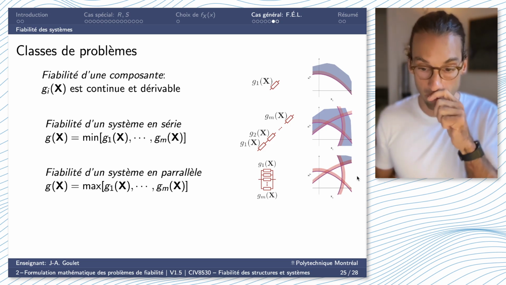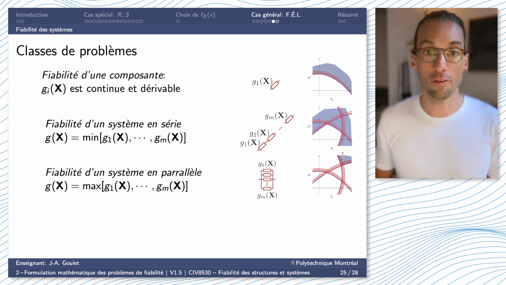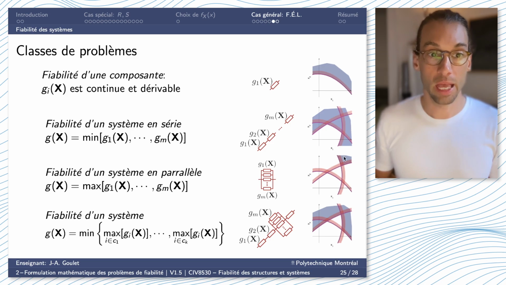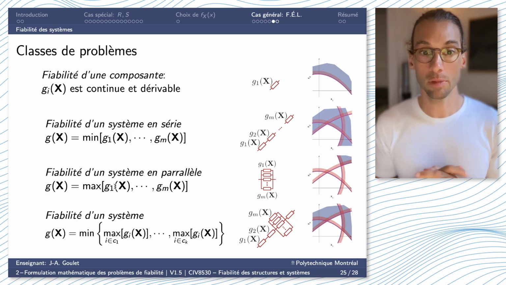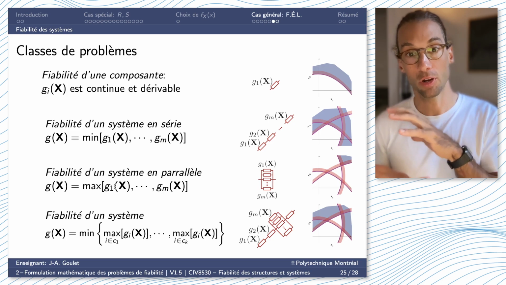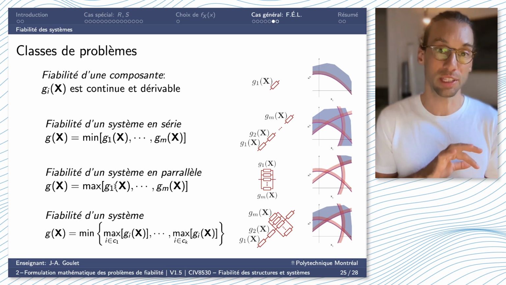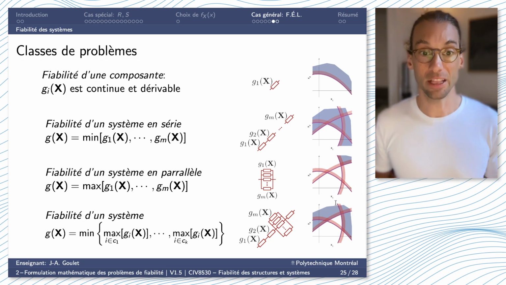So in that case, I'm going to look not at the union, but at the intersection of all the failure domains. And in the general case of a system reliability problem, we could have a mix of components in parallel and components in series, okay? And we're going to have a mix and match of what is, at the end, the failure domain.